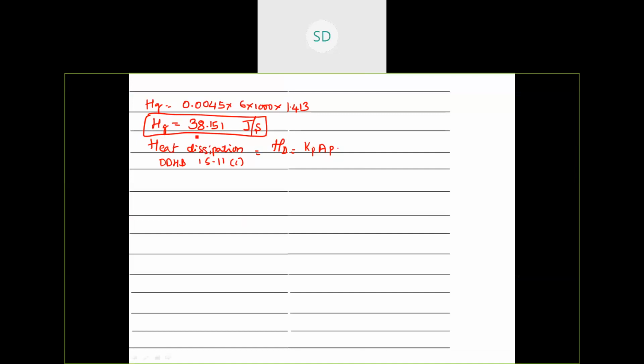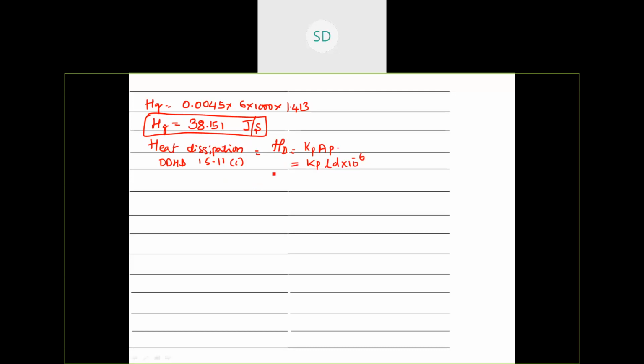Now you can find out the projected area AP. It is L into D. Maximum projected area is L into D. Next you have one more equation, L into D into 10 to the power of minus 6.